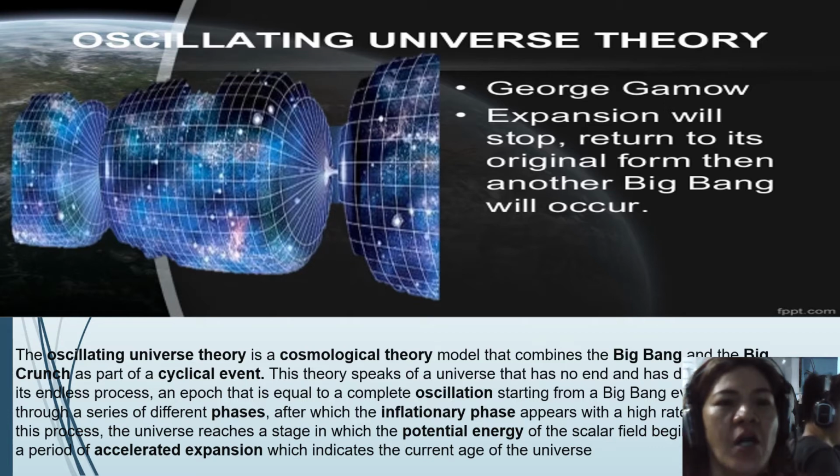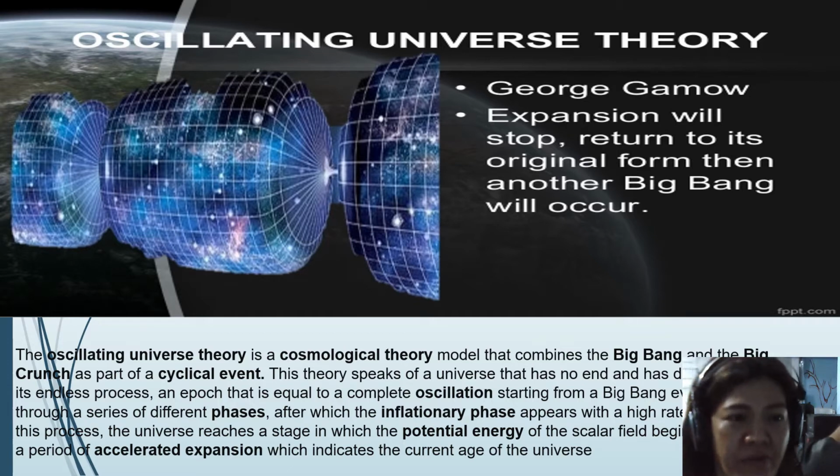Okay, so now we have to discuss the different theories about the origin of the universe. So we have the oscillating universe theory. The oscillating universe theory is a cosmological model that combines the Big Bang and the Big Crunch as part of a cyclical event. So this theory speaks of a universe that has no end and has an endless process.